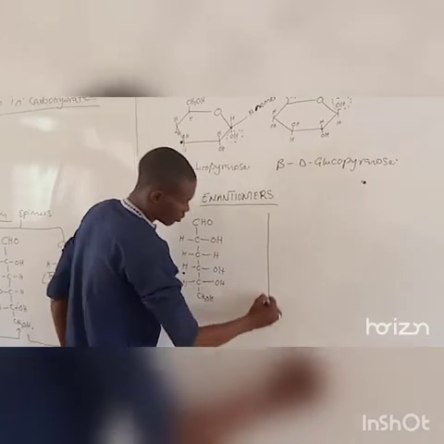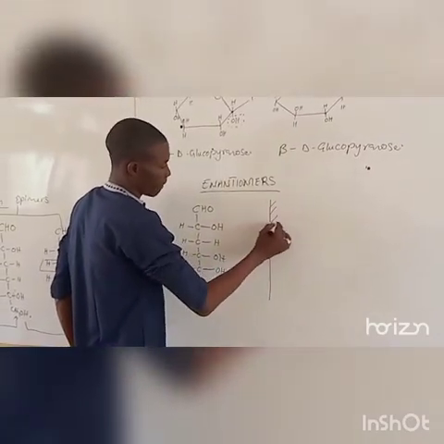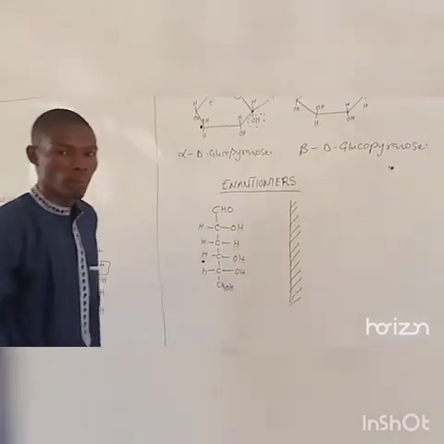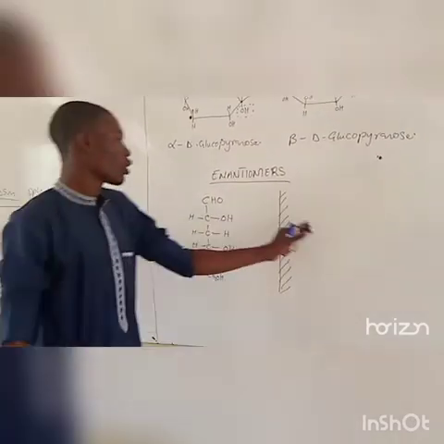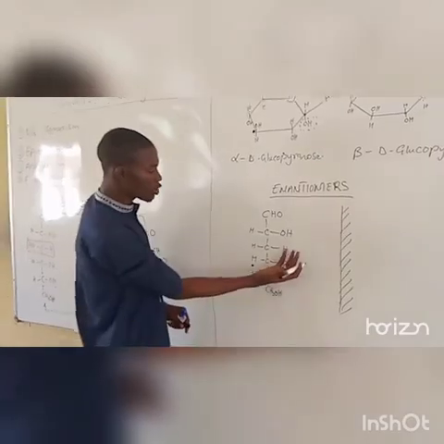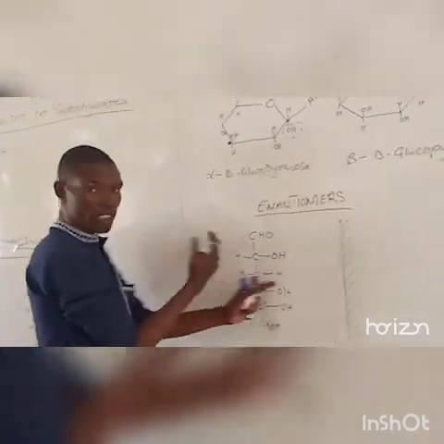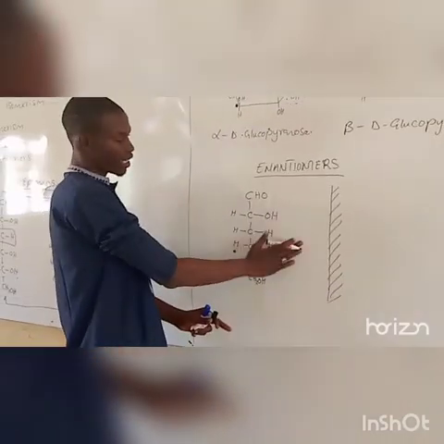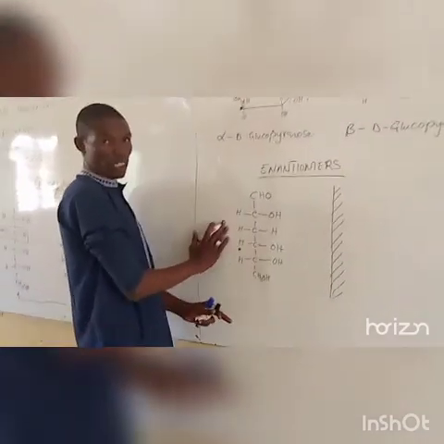Now, this is a mirror. In the mirror image, all the OH groups on the chiral carbons will rotate to the other side: what is on the left will go to the right, and what is on the right will come back to the left.